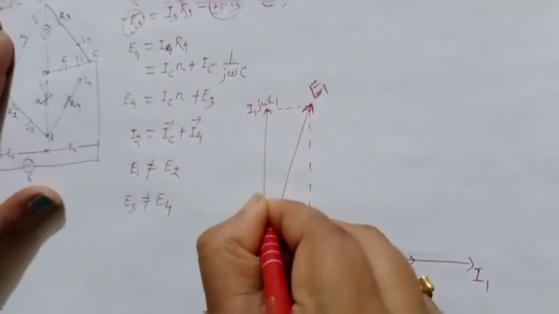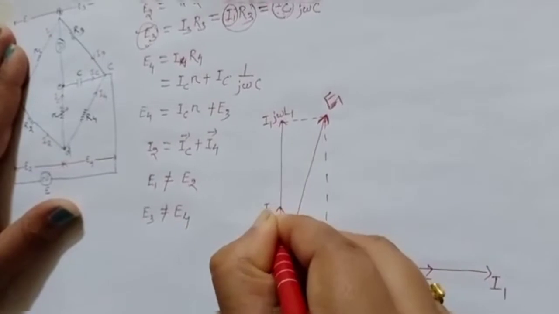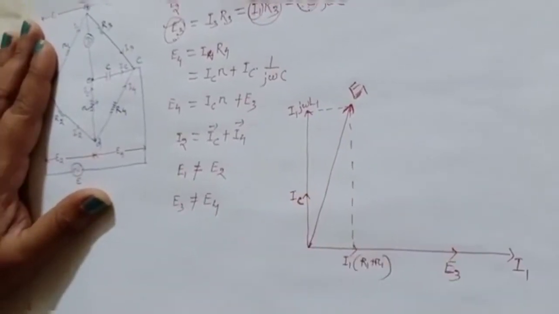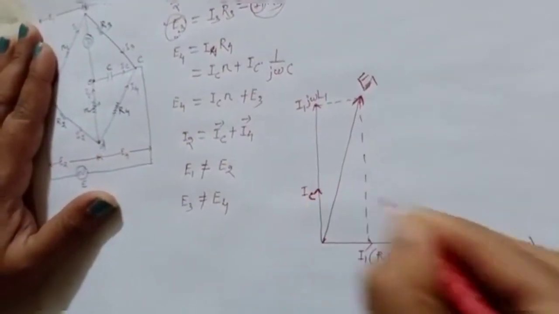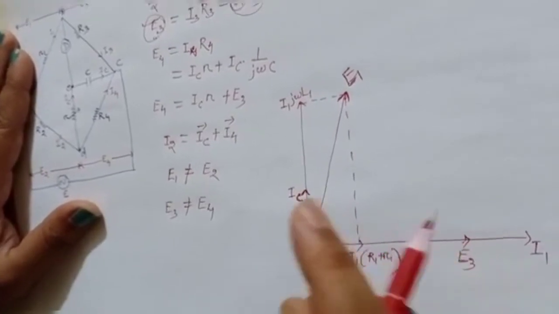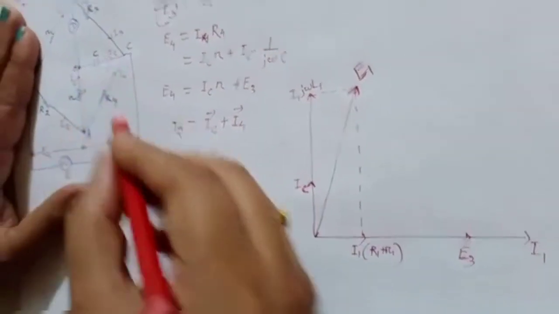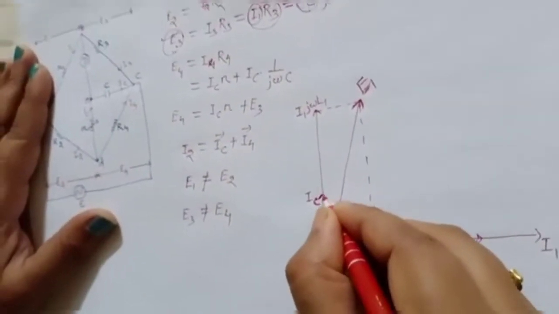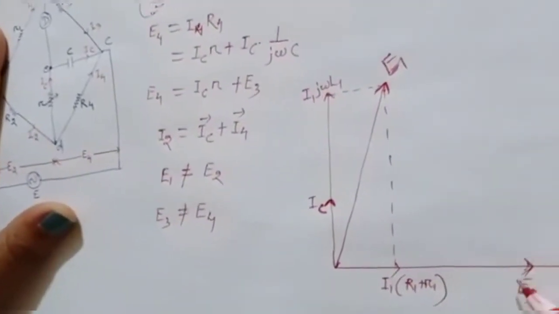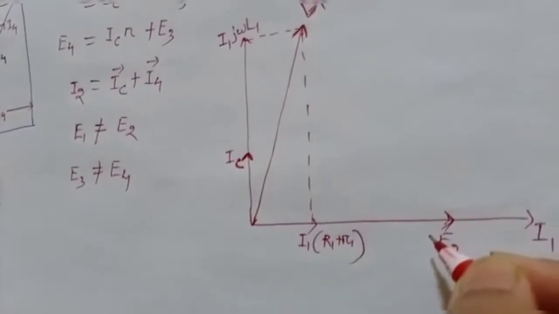So this is our IC. This is a capacitive branch, and in a capacitive branch the current must lead the respective voltage by an angle of 90 degrees.